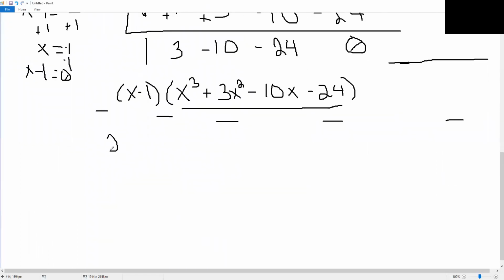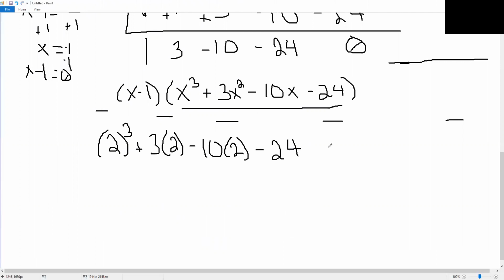So let's do this. 2 cubed plus 3 times 2 squared minus 10 times 2 minus 24. Okay. Now let's solve this.